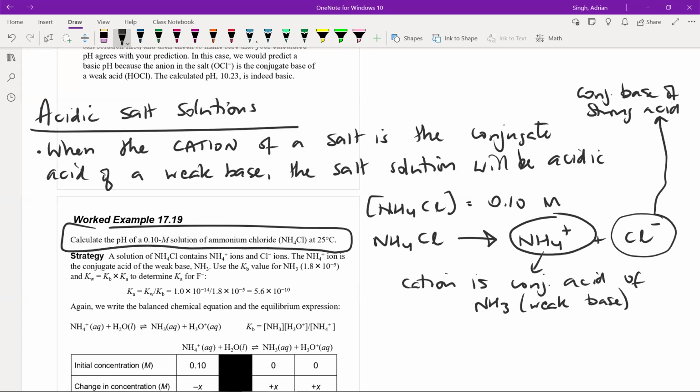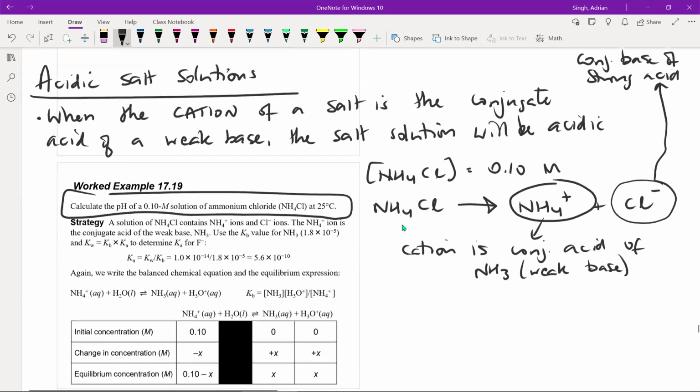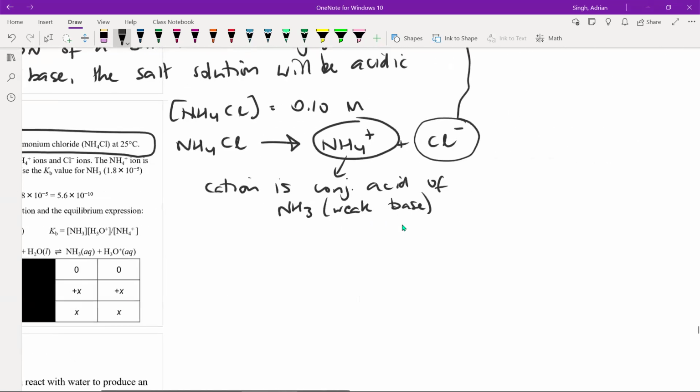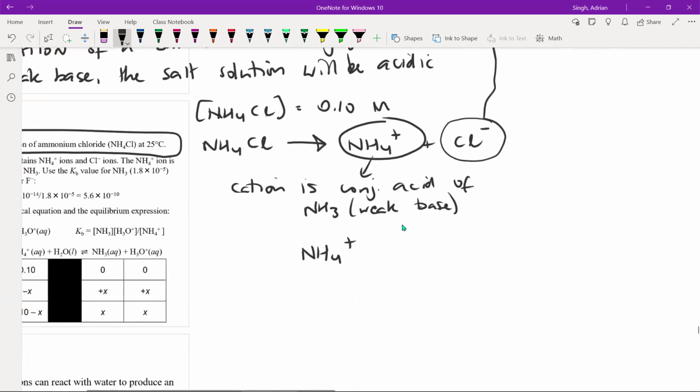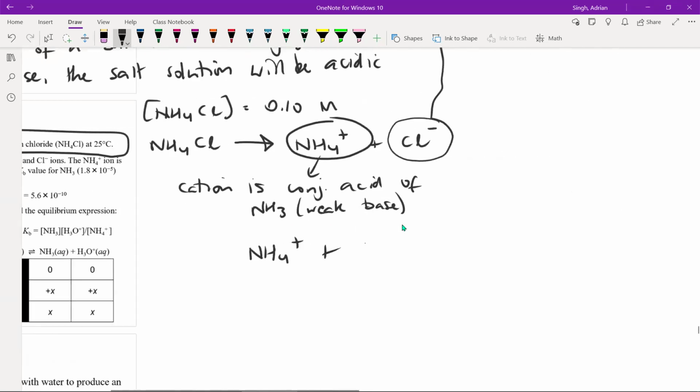So we can do something very similar and write out the equation for this acid: NH4 plus in H2O, equilibrium arrow, gives NH3 and H3O plus.